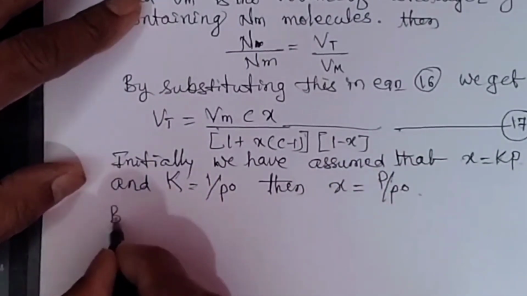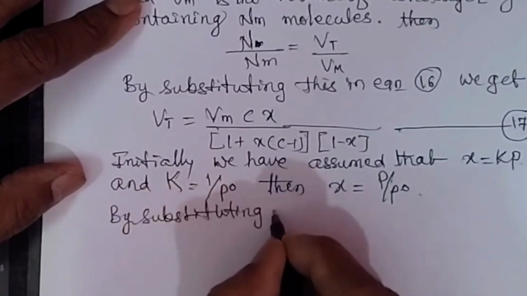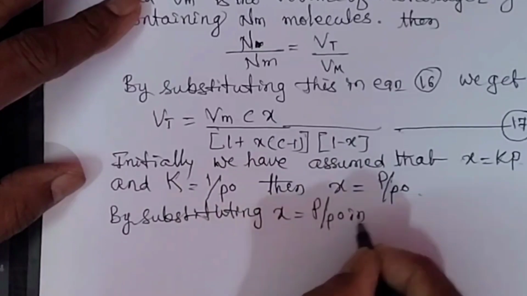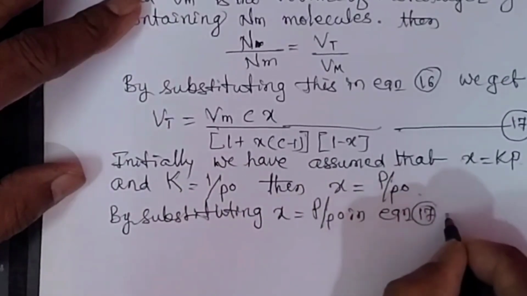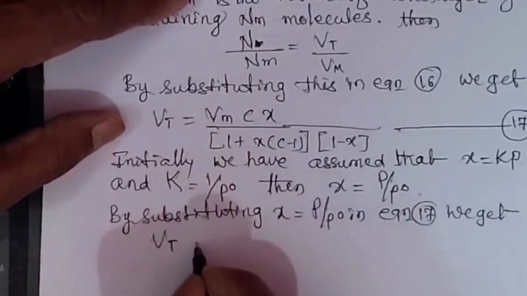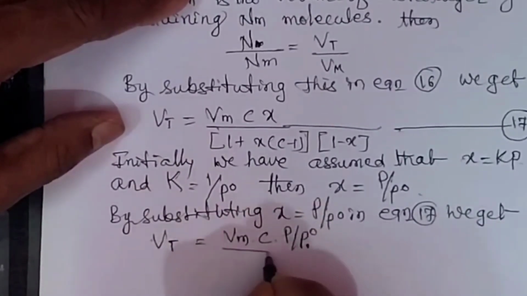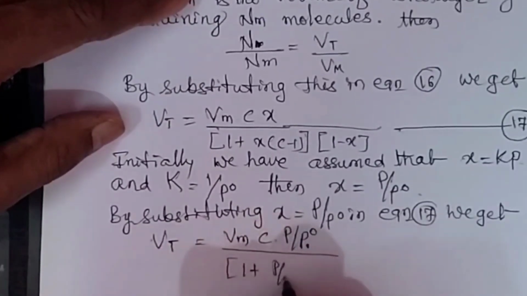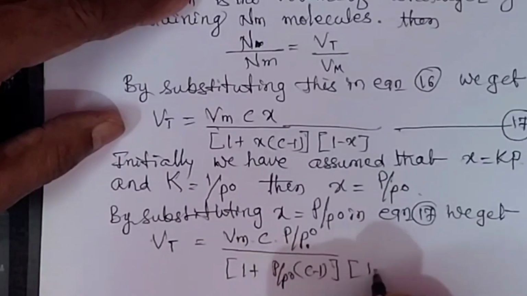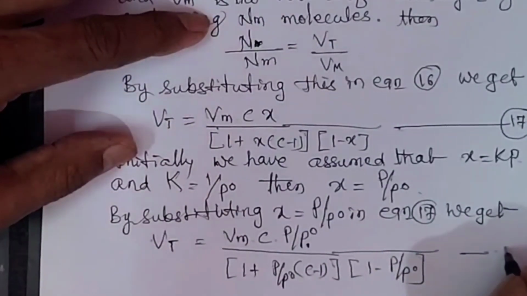By substituting X equal to P divided by P naught in equation 17, we get Vt, this Vt is equal to Vm into C into P divided by P naught divided by 1 plus P divided by P naught into bracket C minus 1 into 1 minus P divided by P naught. Suppose this is equation 18.